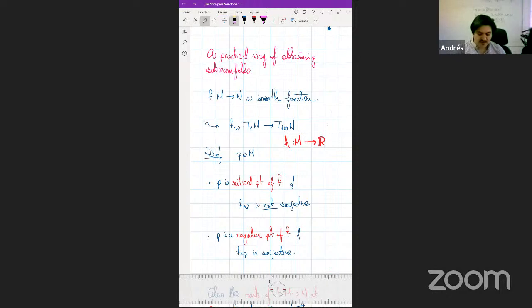Very good. So we are describing points on the domain of the function. A point is critical if the differential is not surjective, and is regular if it's surjective. So it's either one of two. It's either regular or a critical point of the function.